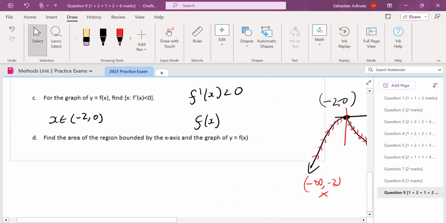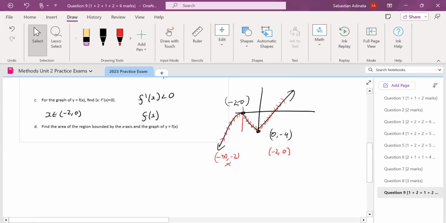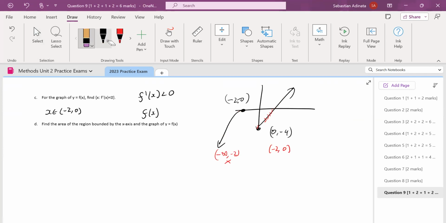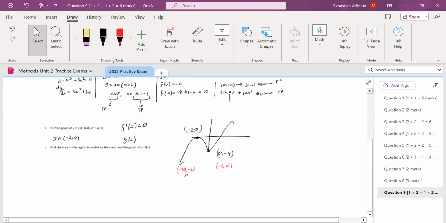Find the area of the region bounded by the x-axis and the graph of y equals f of x. Cool. So if we get rid of these red arrows, we don't have to know exactly what the graph looks like, but we can roughly see just from knowing the turning points.